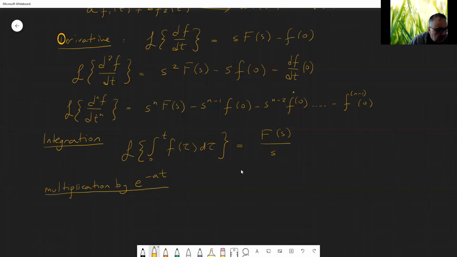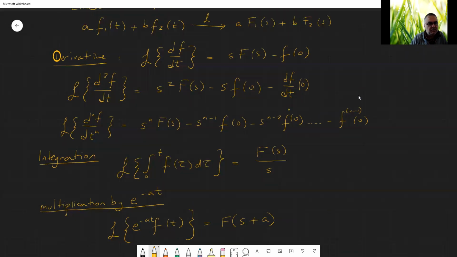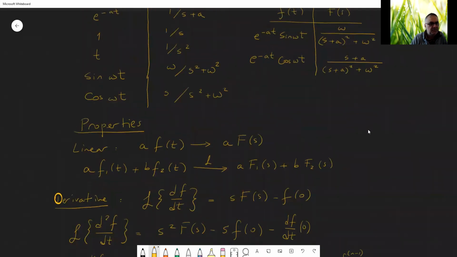If you have a function f of t multiplied by e to the minus at, and then take the Laplace transform of it, it is very simply F of s plus a. That is, you take the function and replace s by s plus a.